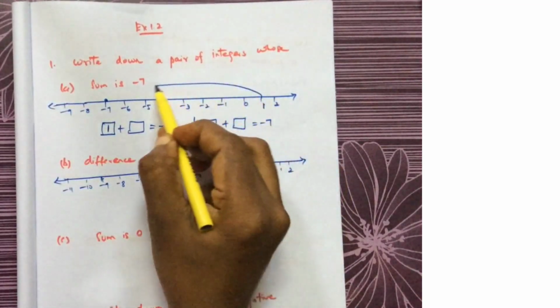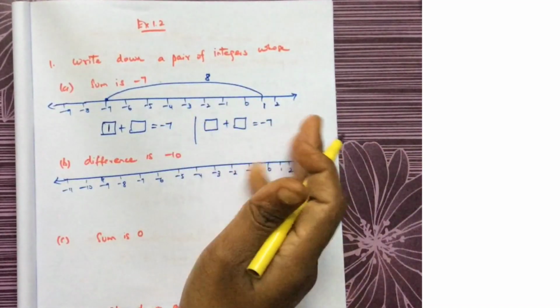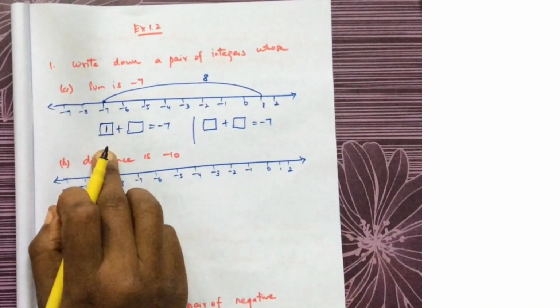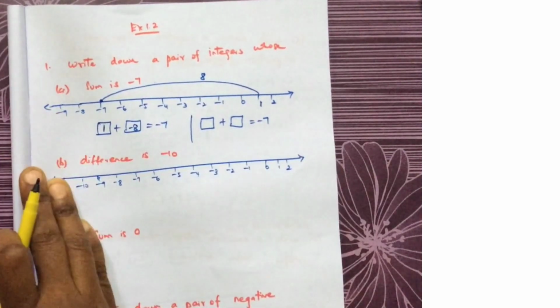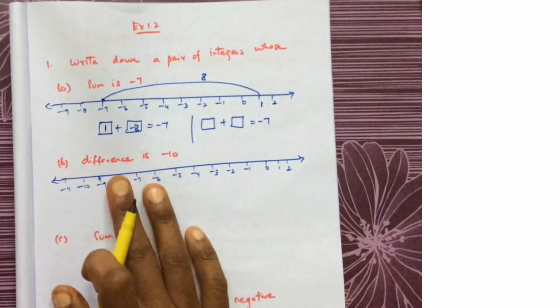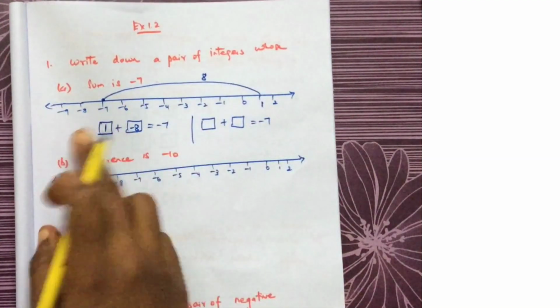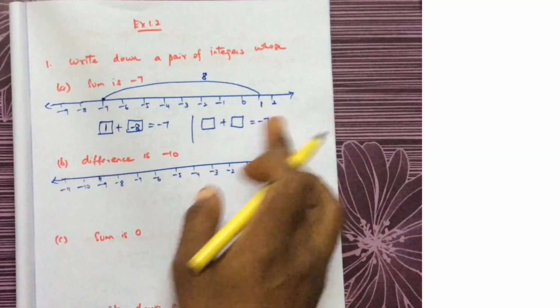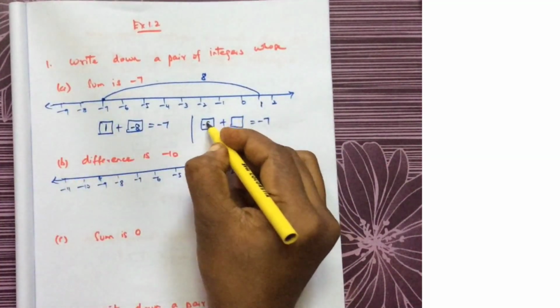From 1 I am moving how many steps? 8 steps left to reach minus 7. Okay, so it is 1 minus 8. Okay, this is one way. First we have taken a number on the right side. Now I am going to take something to the left, minus 9.